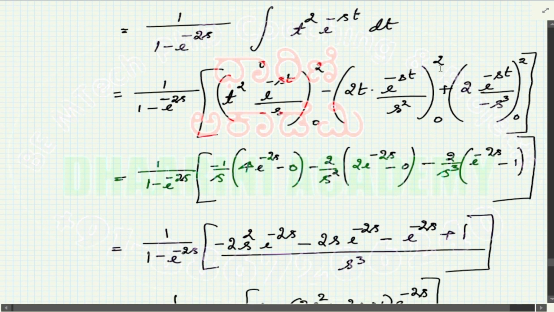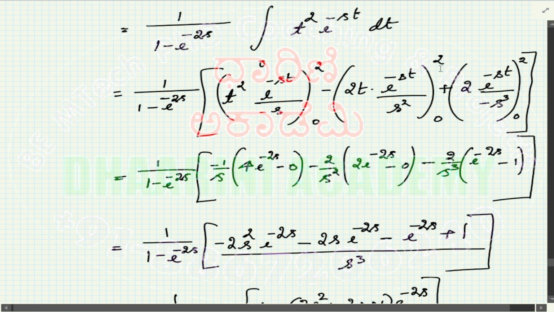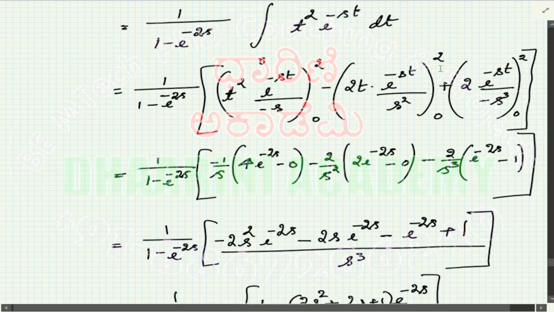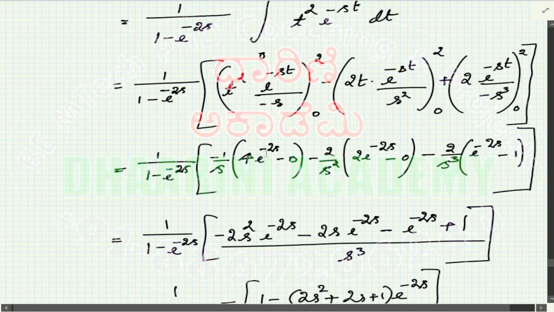We do that, then we substitute the limits now 0 to 2 for each of the terms, right? First term becomes 4, then 0, then you can see 2 into 2, the 2 goes out, 2 by s square, 2 into e to the minus 2s and 0, and lastly the term becomes 2 by s cube. When you put 2 over there, e to the power minus 2s, and when you put 0 it is 1.